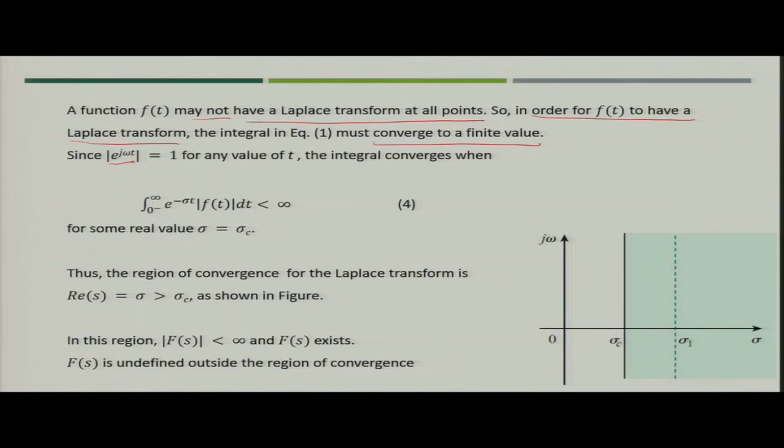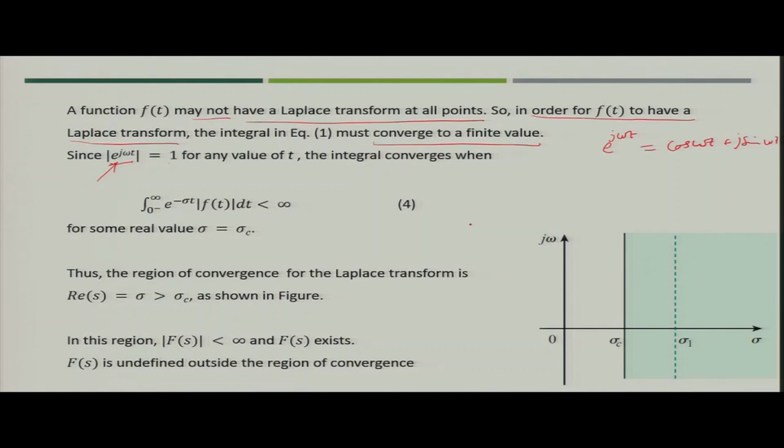Now, the mod of e to the power j omega t is 1. How? Because of the Euler identity. You can simply write e to the power j omega t as cos omega t plus j sin omega t.